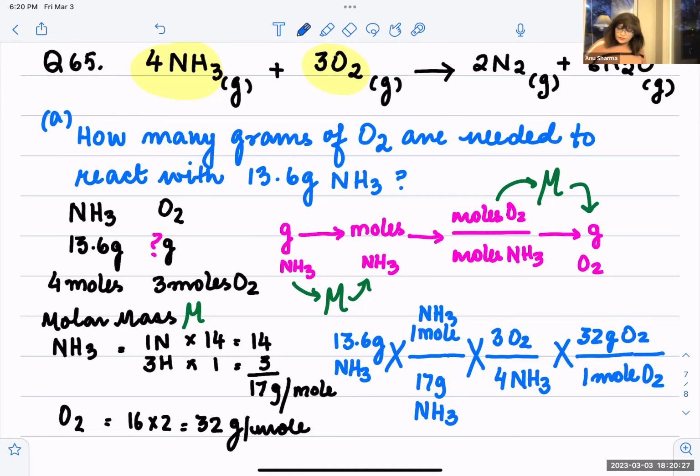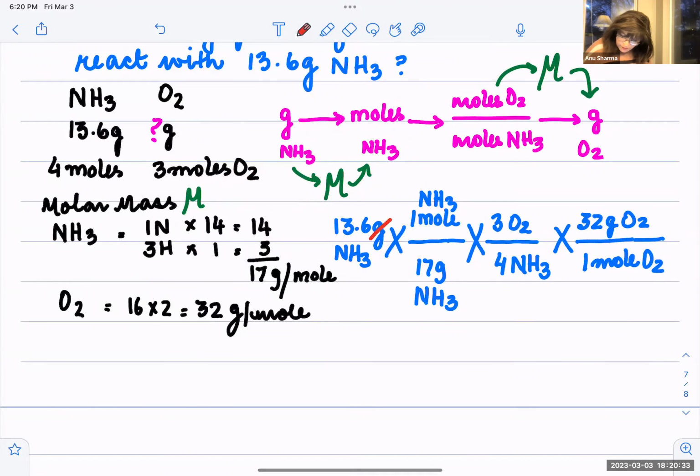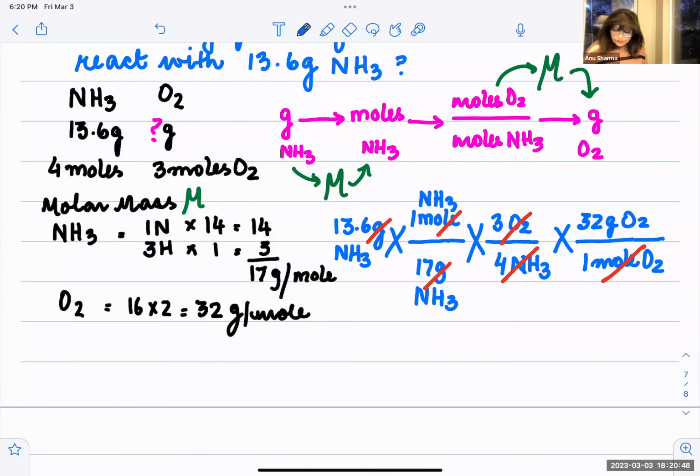So grams of ammonia and grams of ammonia cancel out, moles of ammonia cancel out, and moles of oxygen cancel out. I'm not writing the moles because of the lack of space, but that's what it means.